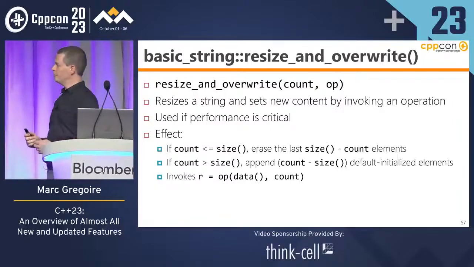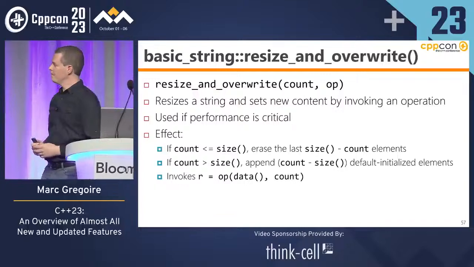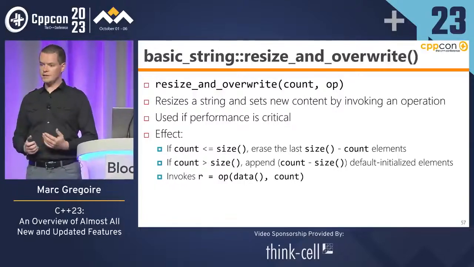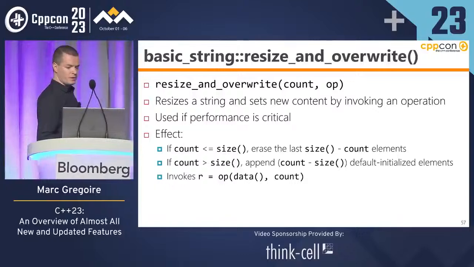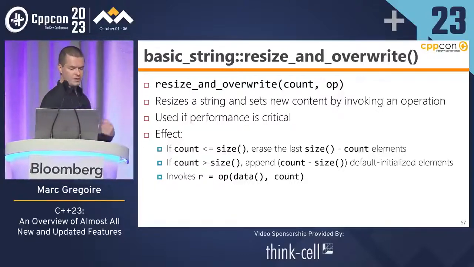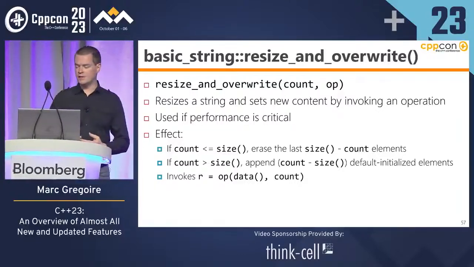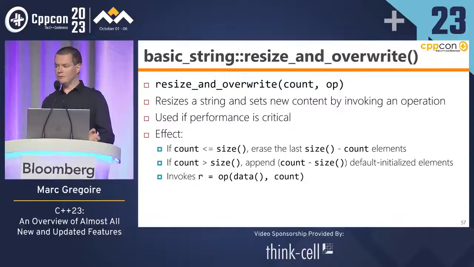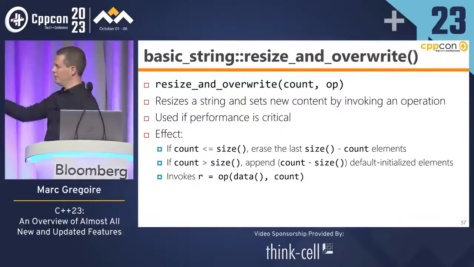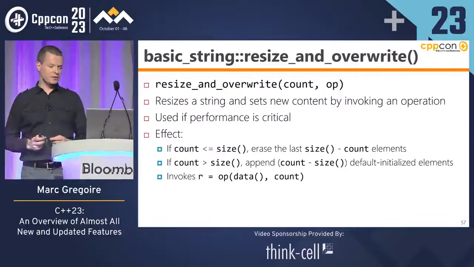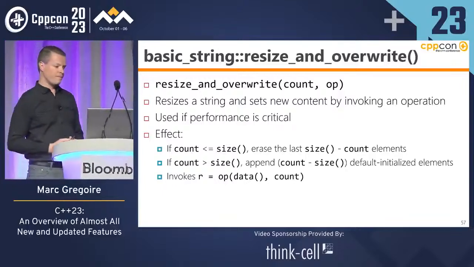The first one is a pointer to the data of the string, and the second one is the size that we want the string to be. But this operation then fills in the data. And if it decides that the string will be a little bit smaller than what is requested, it can return the new size. And the R that you see there is the size of the final string.